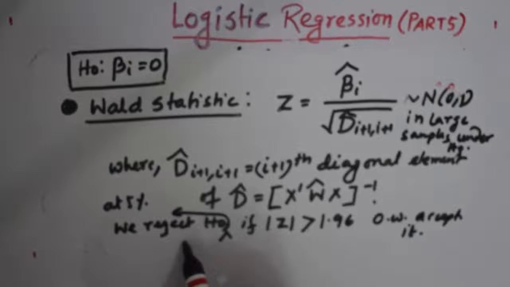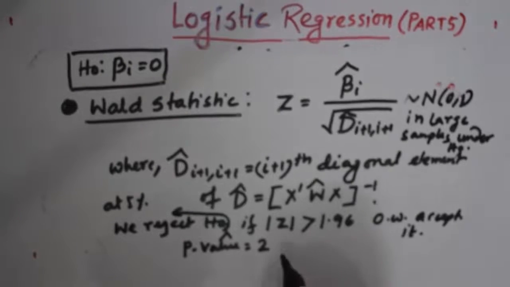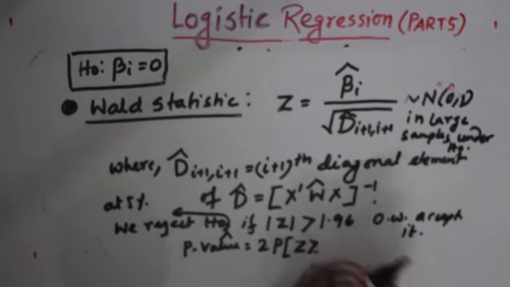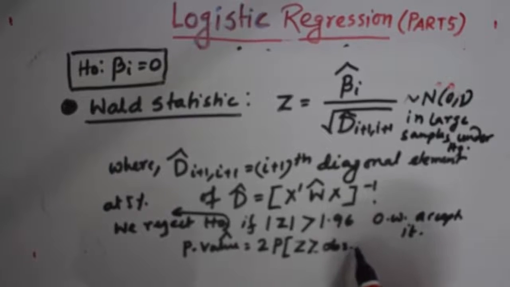Or you compute the p value, that is equal to 2 into probability capital Z greater than the observed value of Z under H naught.